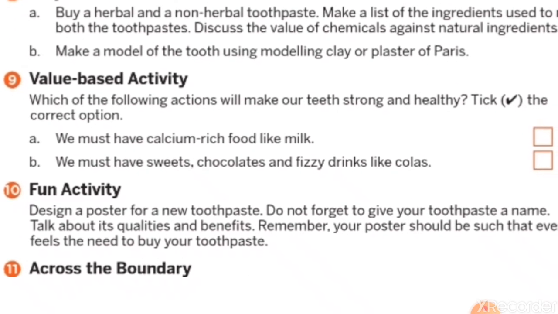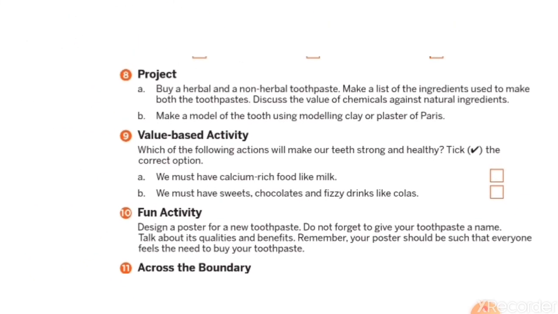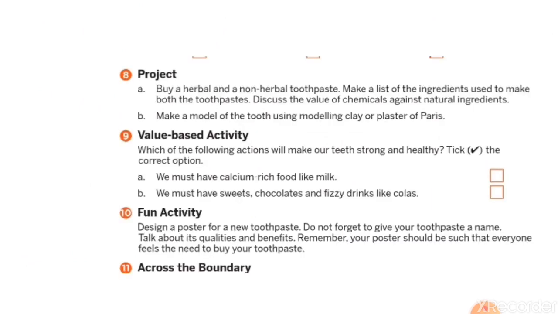Then next question is a value based activity. In that, which of the following actions will make our teeth strong and healthy? You have to tick the correct option. A is we must have calcium rich food like milk, and B is we must have sweet chocolate and fizzy drinks like colas. So already we have discussed this in question number 7 about milk and about the fizzy drink, carbonated drink.